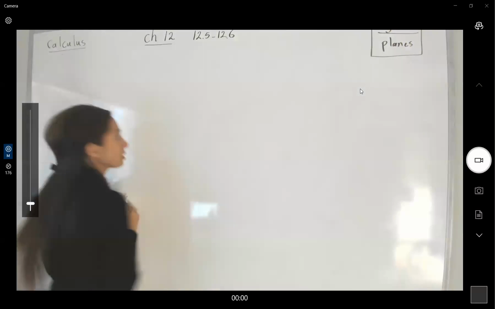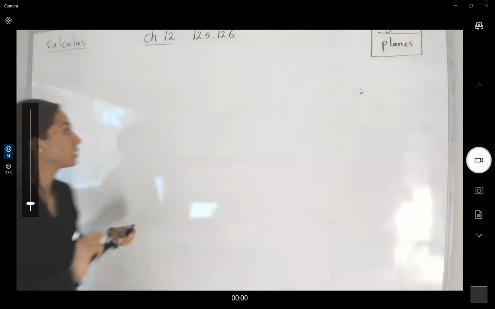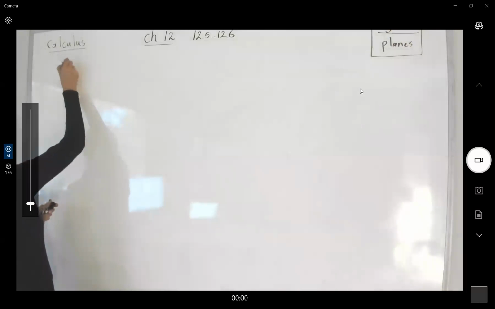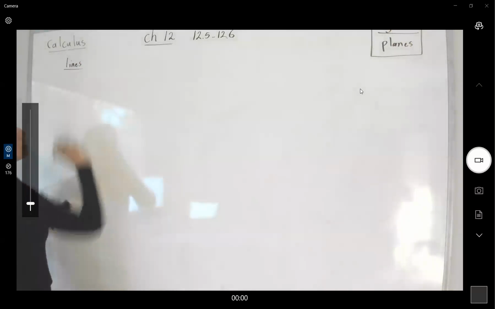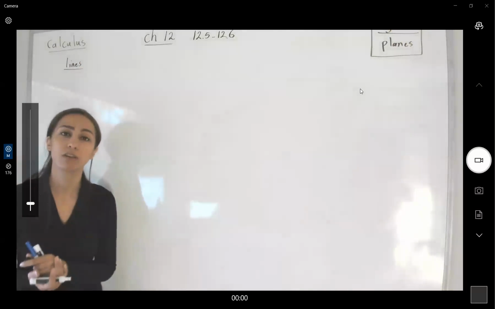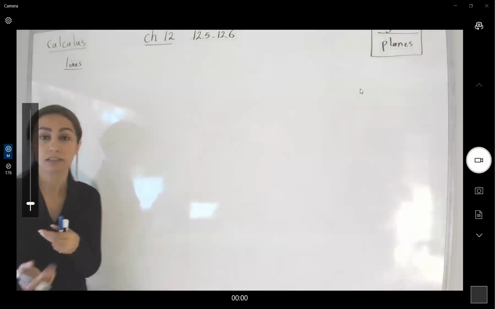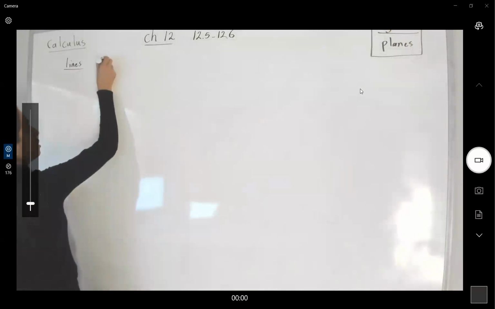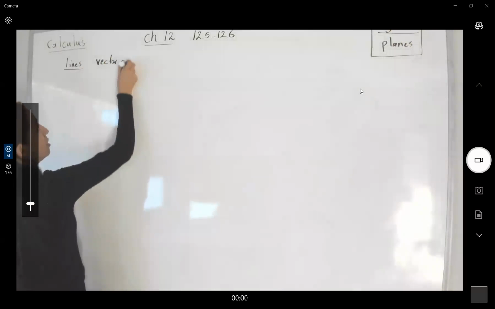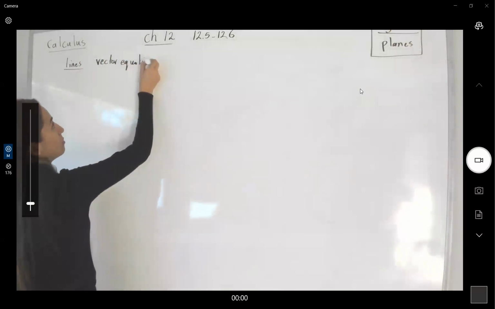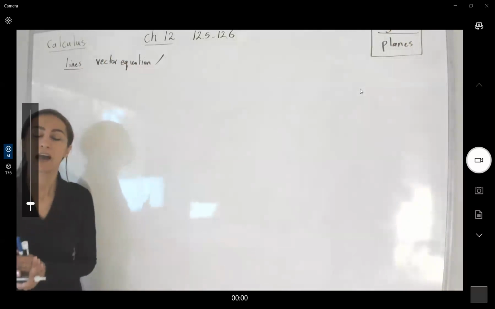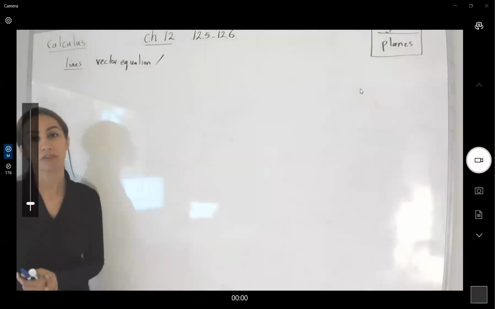So far we talked about lines, and then we saw different equations for lines. We talked about the vector equation for the line. We represent the symmetric equation for the line.